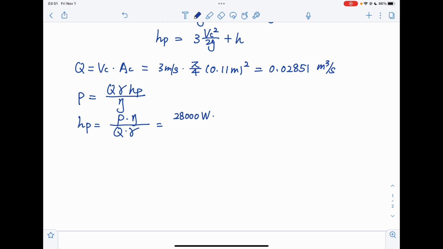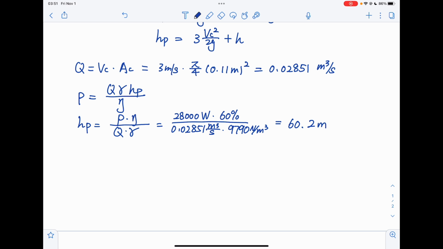The efficiency is 60%, and discharge is 0.02851 cubic meter per second, and gamma is 9790 Newton per cubic meter, which gives us 60.2 meter.